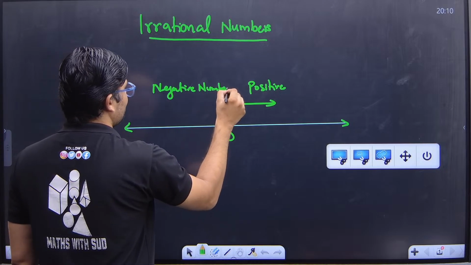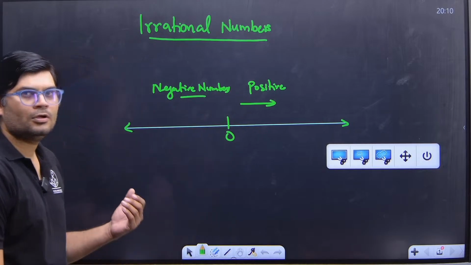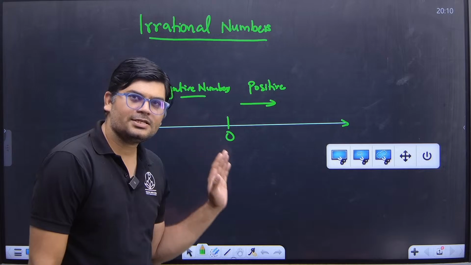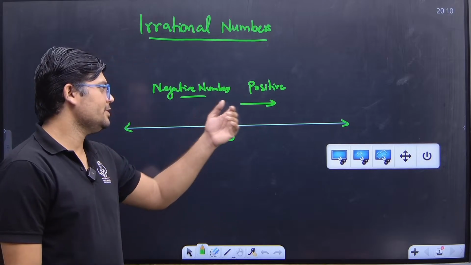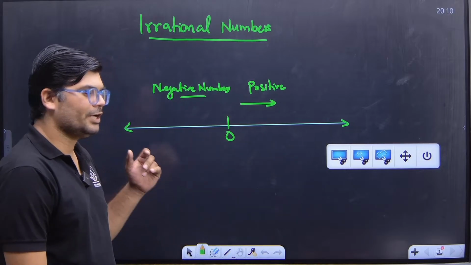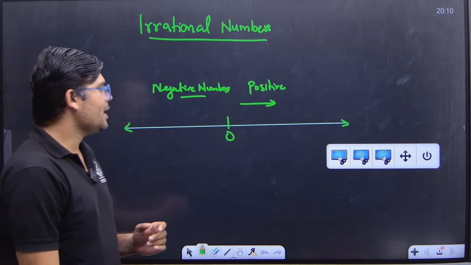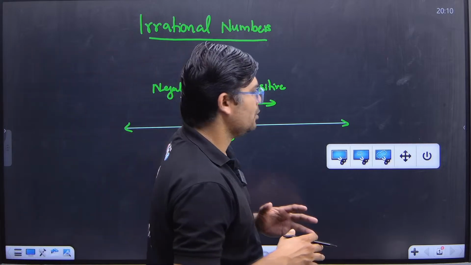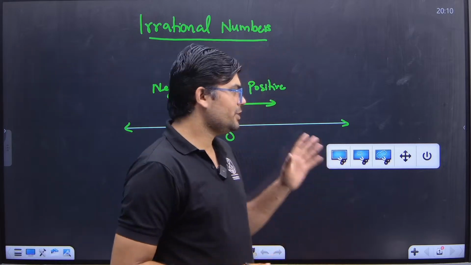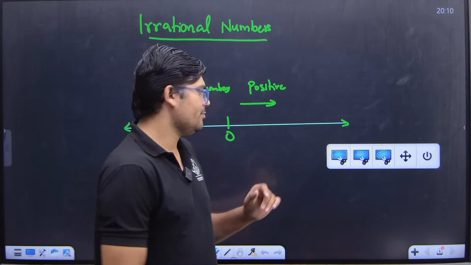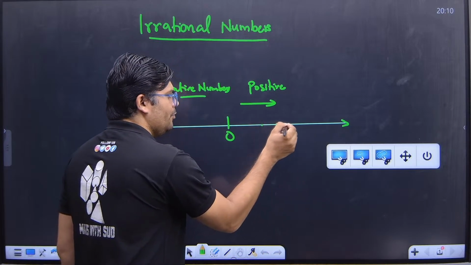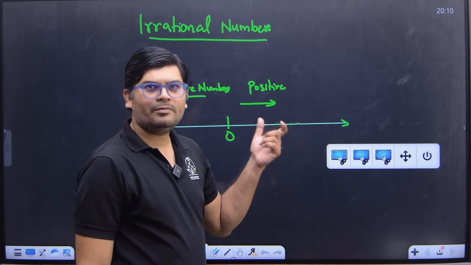This is the basic thing that we know: in the center of the number line we have 0, on the right side positive numbers, and on the left side negative numbers. These numbers are known as real numbers. Any point you take on the number line will be a number.